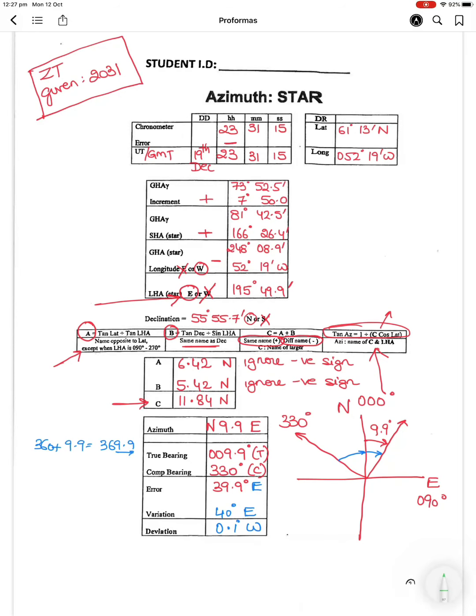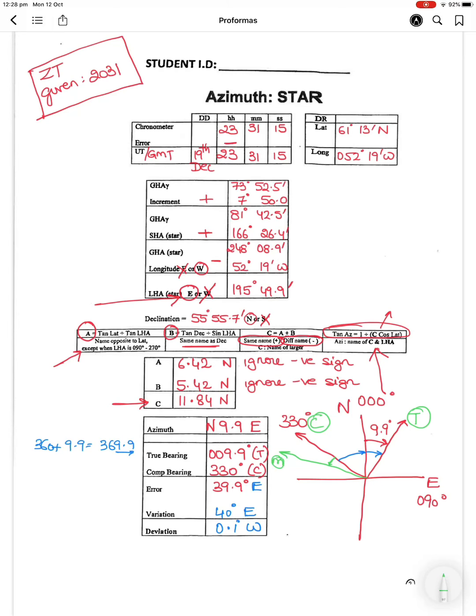Now variation is 40 degrees east means, if I have to explain it to you, that your magnetic bearing is somewhere here. This is your magnetic bearing. Variation is east means magnetic is least. So you are about 0.1 degree more here. This is your true bearing. This is your compass bearing.